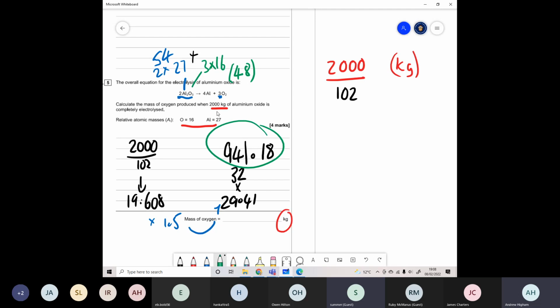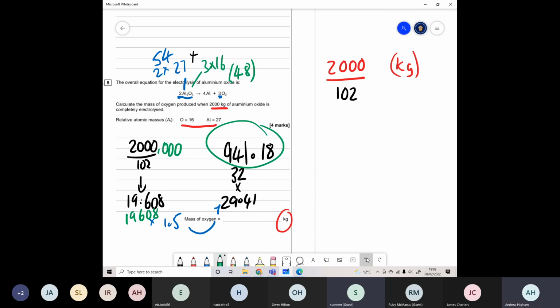Because what have they used here? Okay, it's 941 kilograms. If you used 2,000 there, you would come out with a bigger number, 412, something like that. But all you'd have to do then, because you'd have 94118, you just have to divide by 1,000 to get it back into kilograms.